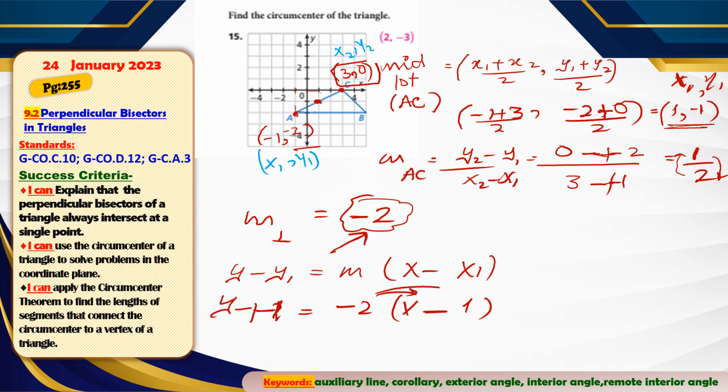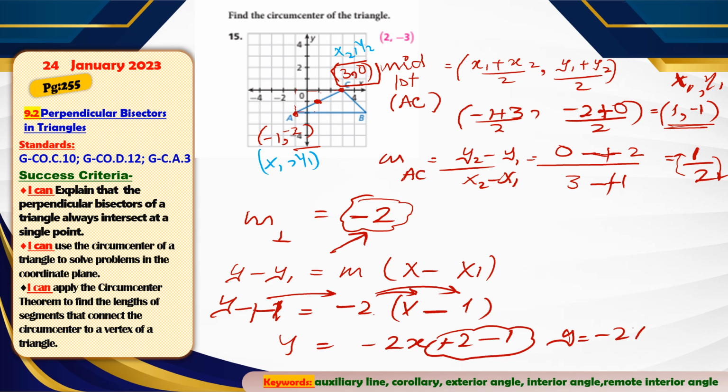Open the bracket. We know -2 times x gives us -2x. -2 times -1 gives us positive 2. And plus 1 goes on the other side, it will give us -1. So positive 2 minus 1 gives us plus 1. So the equation is y equals -2x plus 1. So this is the first equation of the perpendicular bisector of AC.